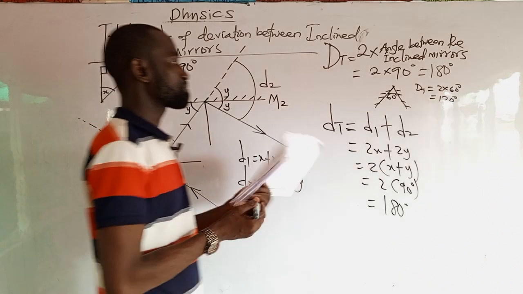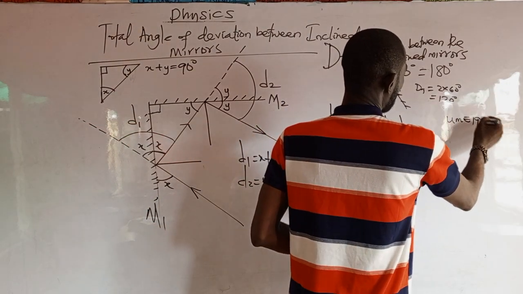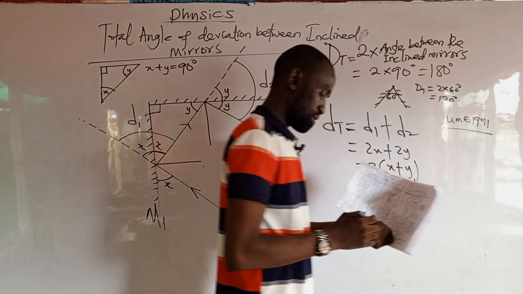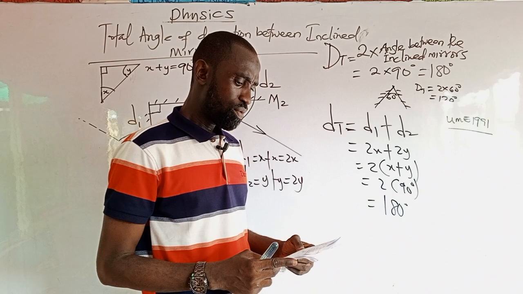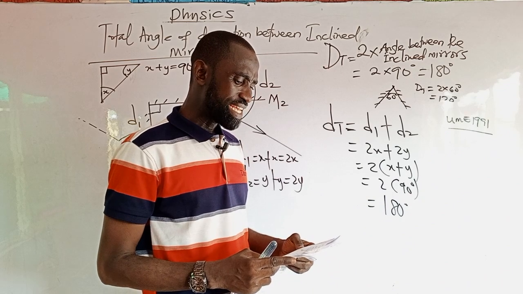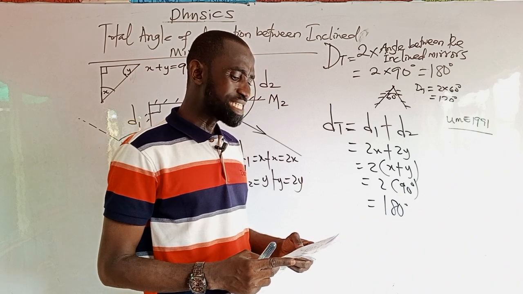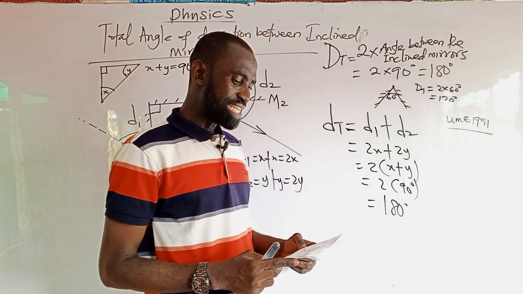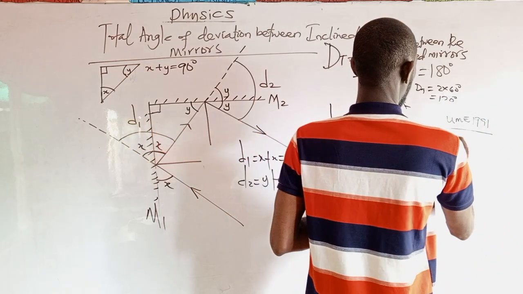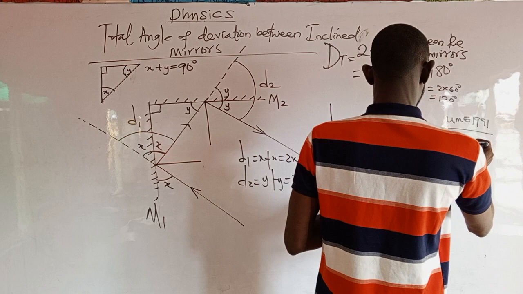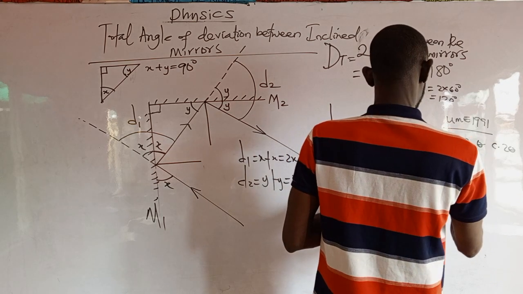UME 1991. Just look at this. I'll just read the question. It says, when a plane mirror at which a ray is incident is rotated through an angle theta, the reflected ray will be rotated through: A, half theta; B, theta; C, 2 theta; D, 3 theta.